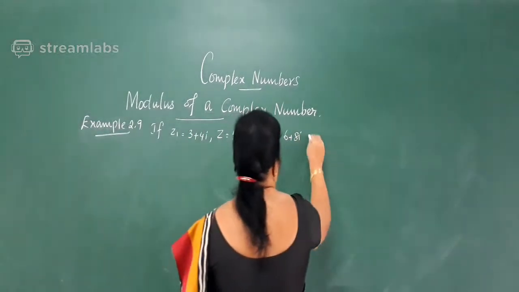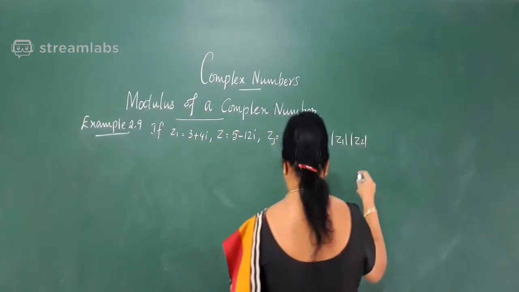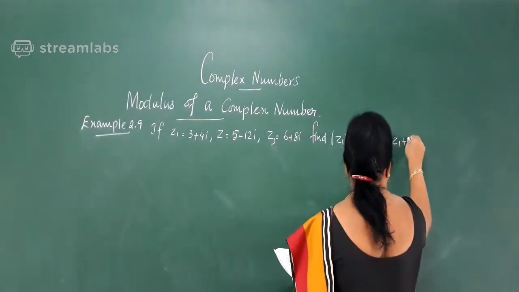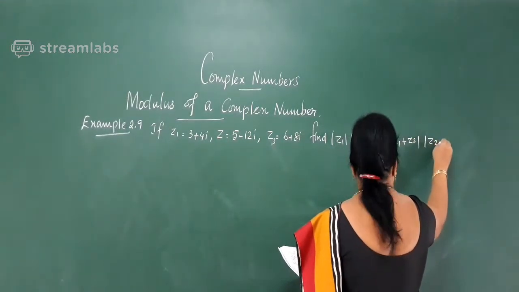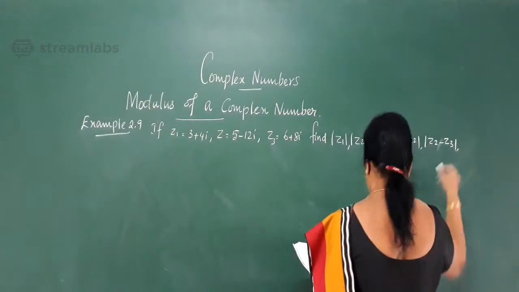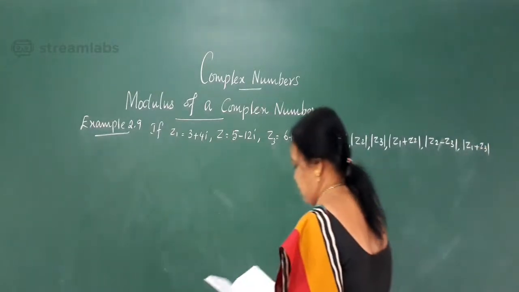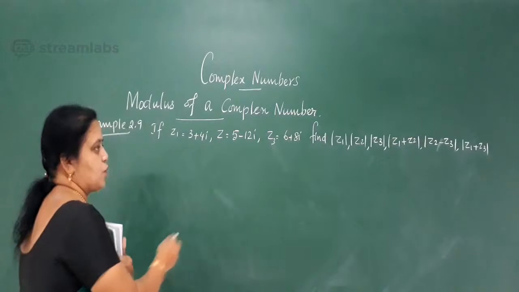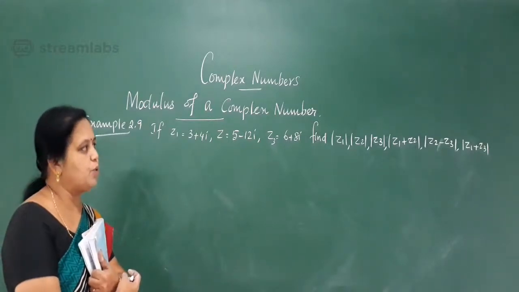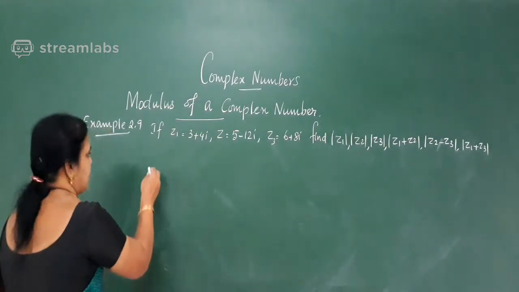We have to find modulus z1, modulus z2, modulus z3, then modulus of z1 plus z2, modulus of z2 minus z3, and modulus of z1 plus z3. First I am going to find modulus of z1.